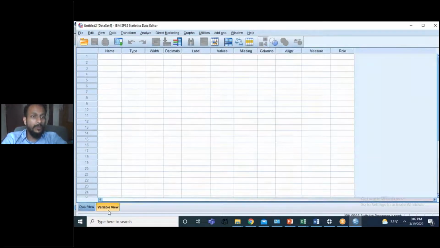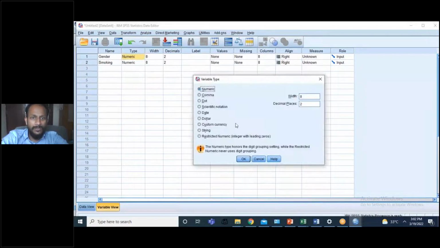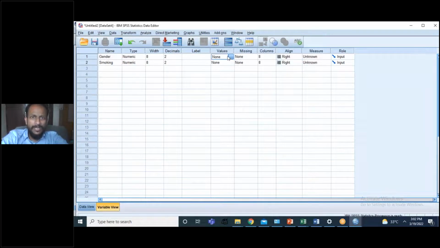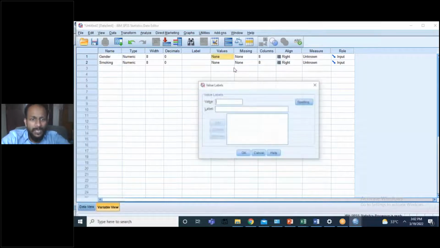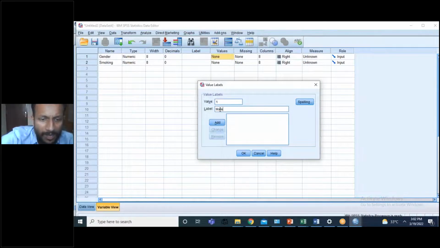I'll have two variables: one is gender, another is smoking. For gender, I'll have it as numeric, where one indicates male and two indicates female.